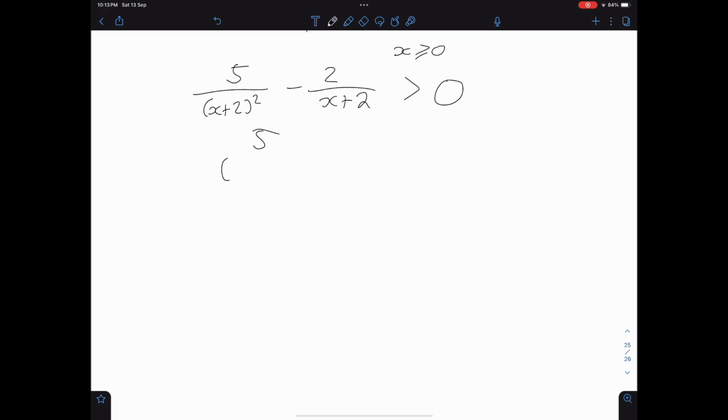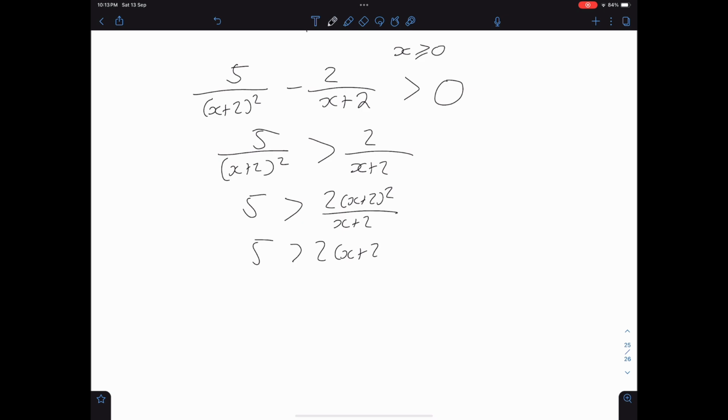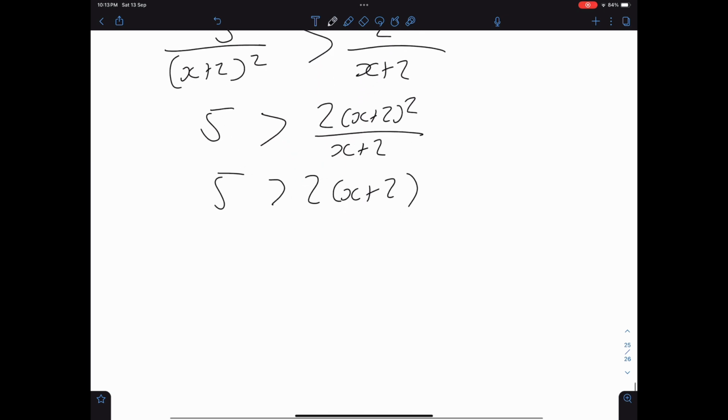So when we do this rearrangement, now I can multiply by that x plus 2 bracket squared, because squares are always positive. And then that will cancel, and so 5 over 2 will be greater than x plus 2, so x will be less than 1/2.